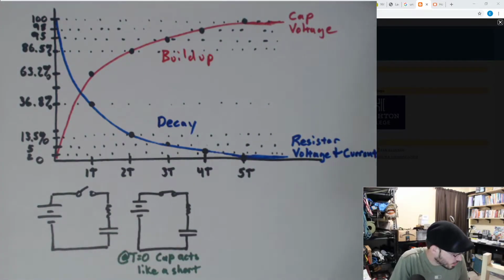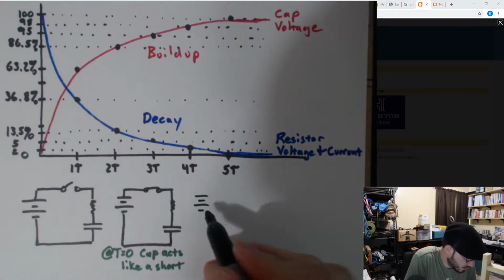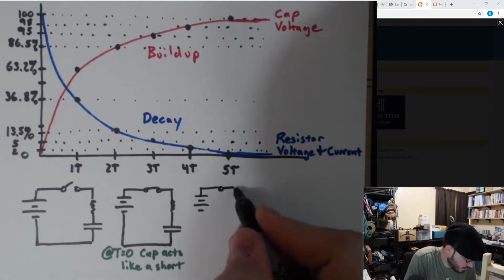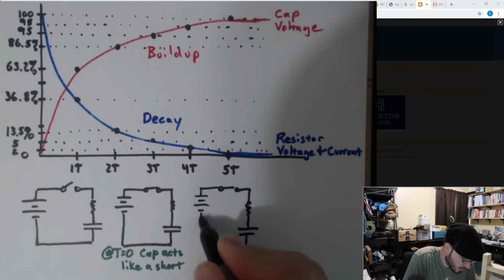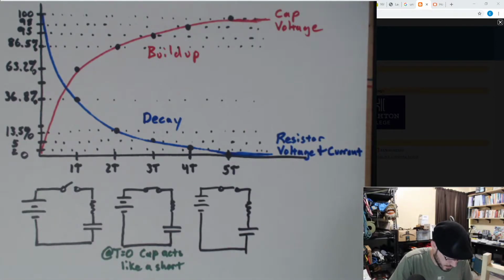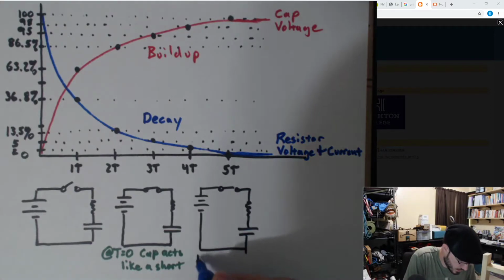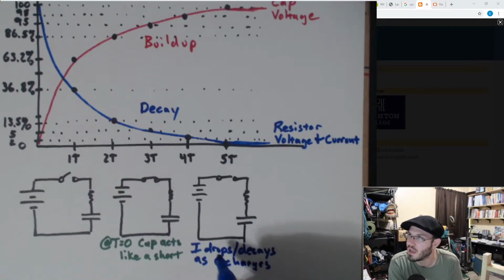Okay, so what we've just described there is that I drops or decays as C charges. And I'm hoping that makes sense, right?